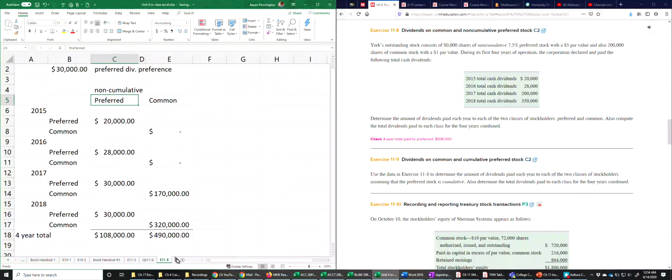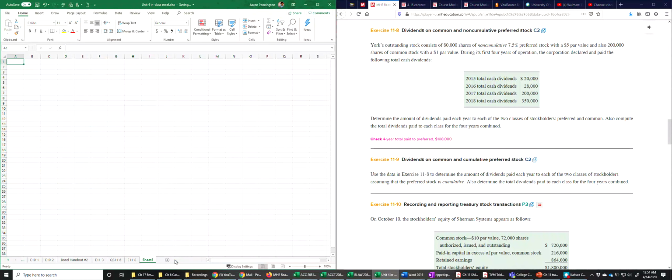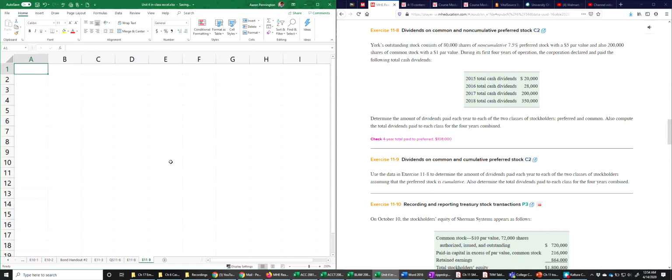I'm going to put this on another tab. The preference is going to be the same $30,000. So let's just set up the cumulative preferred and common.